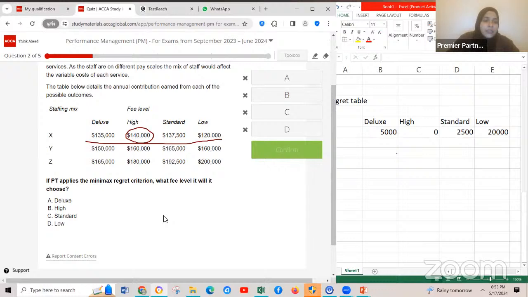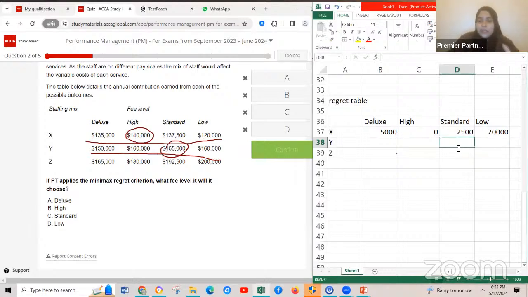Right. Then if it was Y, you have no regret here because that's the highest possible outcome. So when it was Y, if it was standard, zero regret. But if it was anything else, 165 minus 150, here you're regretting 15,000. Here you're regretting 5,000. And even here you're regretting 5,000. That is 165 minus 160. If it was Z, no regret here.